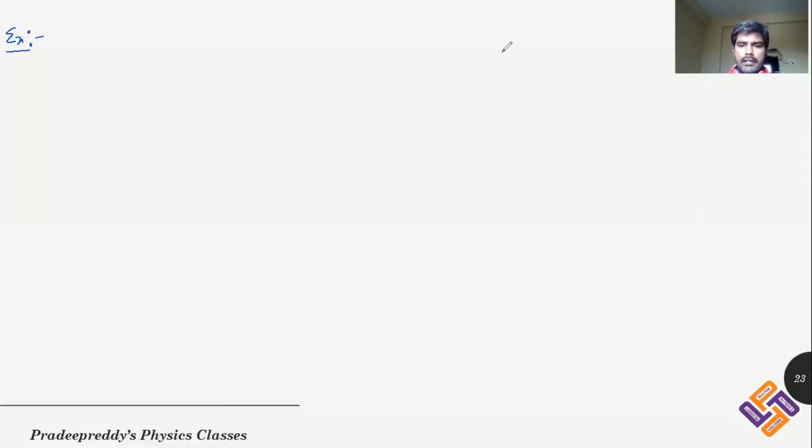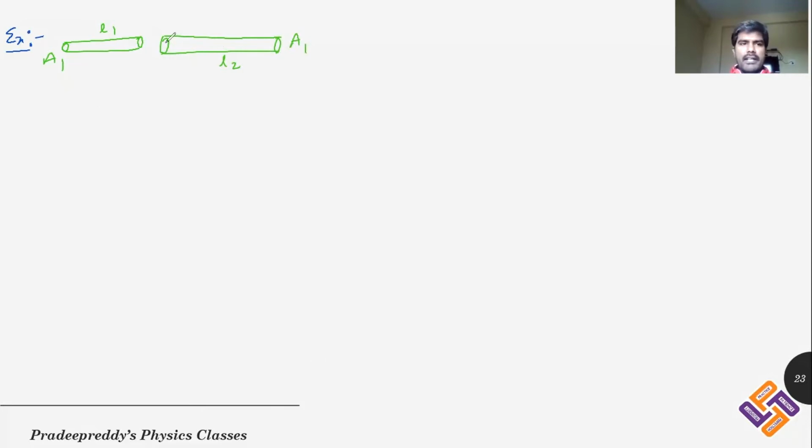Let us take two conductors. You are taking a conductor. Its length is L1 and its area of cross section is A1. Taking another conductor whose length is L2, the area of cross section is A1. The area of cross section is the same, but the length is different.